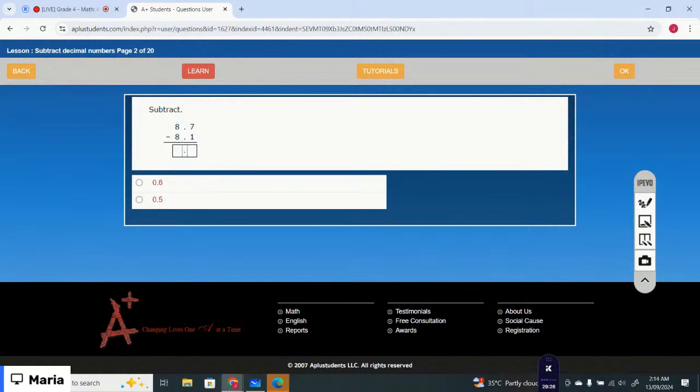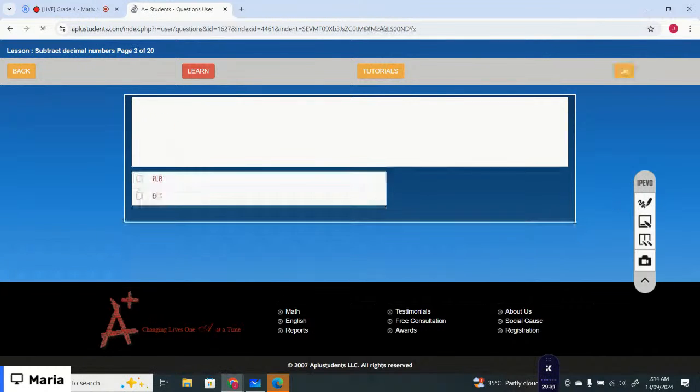Option number 1 is the correct option. You simply have to subtract, right? The next one is 7.3 take away 1.2. So which is the correct option?